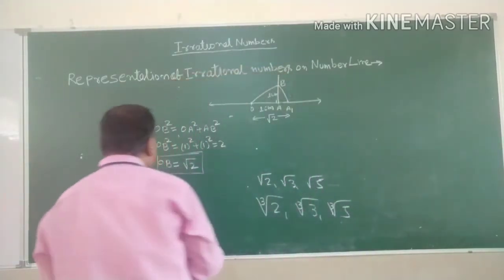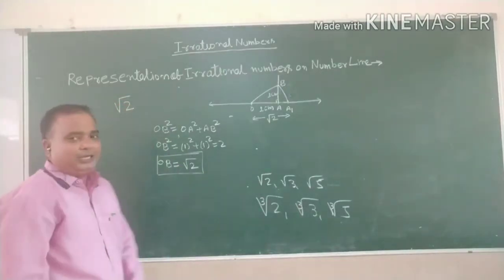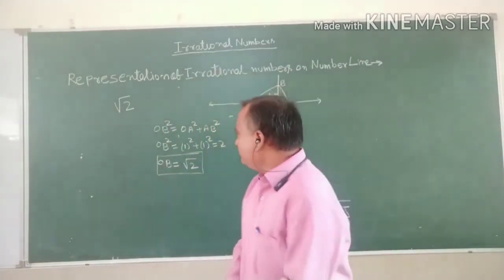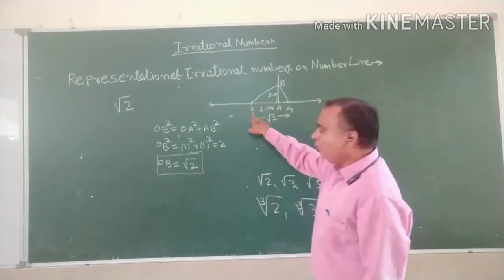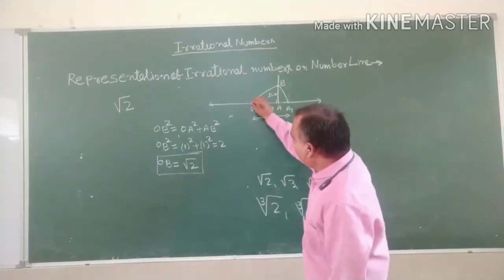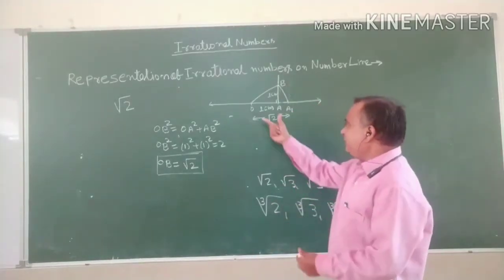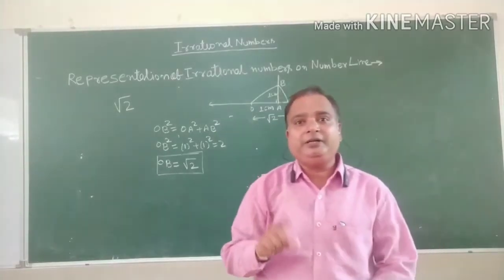So first I will explain how we represent root 2 on the number line. First I draw a line where I mark two points O and A, where O represents 0 and A represents 1. So the distance between O and A is the unit, or 1 centimeter.